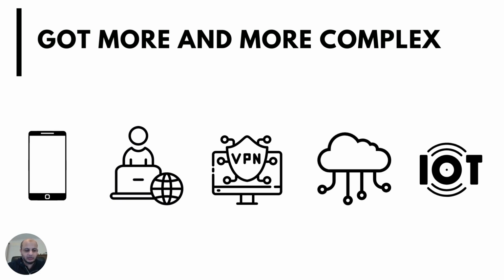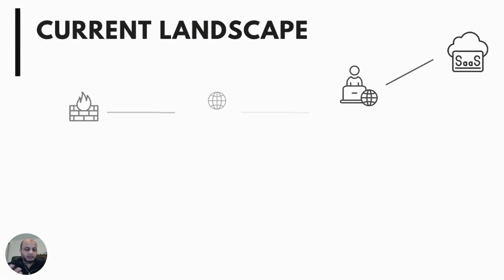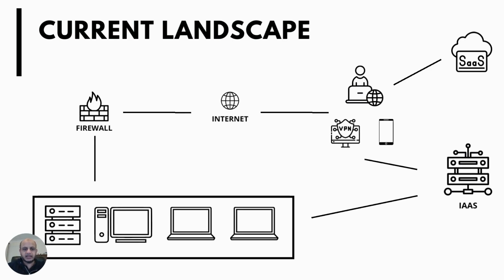You can move around, and if you're a good hacker, you won't trip any security alarms. So this is what the landscape looks like today: you have your internal network, remote users, cloud services, infrastructure services, BYOD. Let's take a look at these trends.